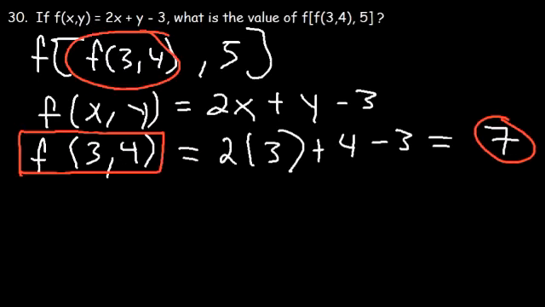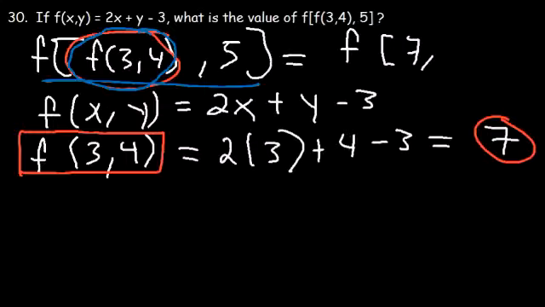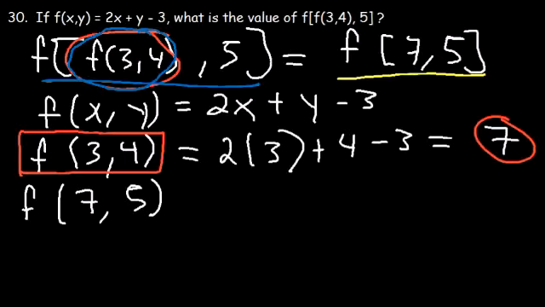So going back to this expression, we can now replace f of 3 comma 4 with 7. So we have now f of 7 comma 5. We need to find the value of this function now. So we can see that x is equal to 7 and y is equal to 5.